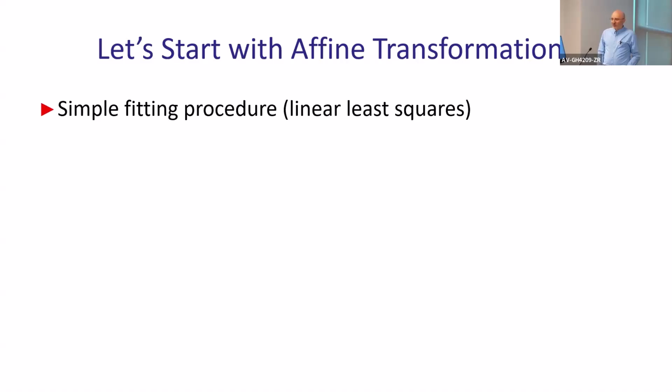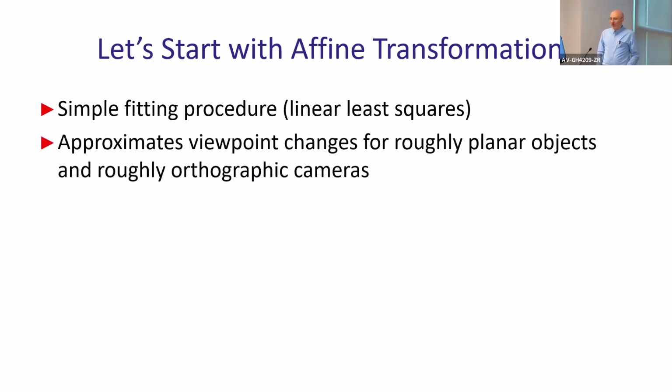So we will start with affine transforms, and affine transforms are very popular in computer vision. This is a mostly rigid transform, where you can rotate the image, scale the image, shear the image, things of that kind, scaling of different kinds on different dimensions.